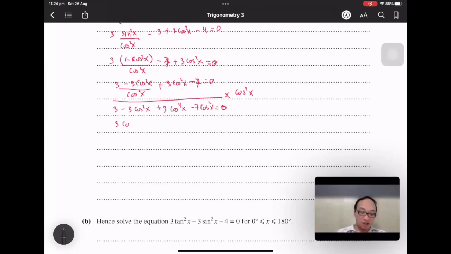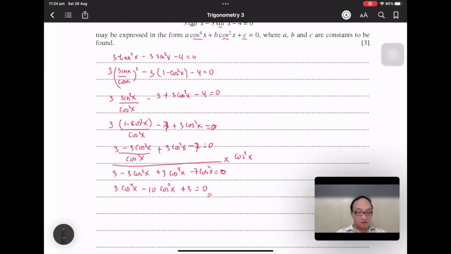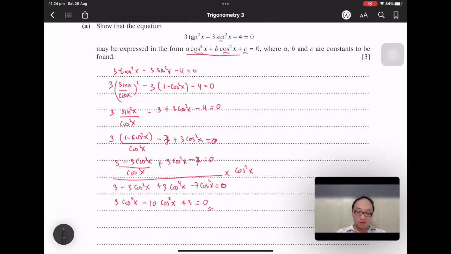So 3 cos⁴x minus 10 cos²x plus 3 equals 0. So we have expressed it in the form of cos⁴, cos squared, and a constant.